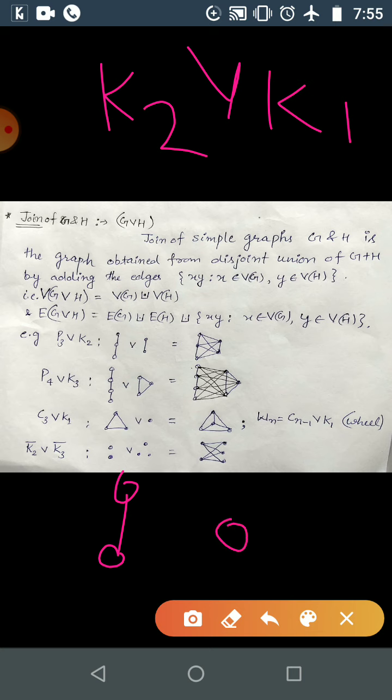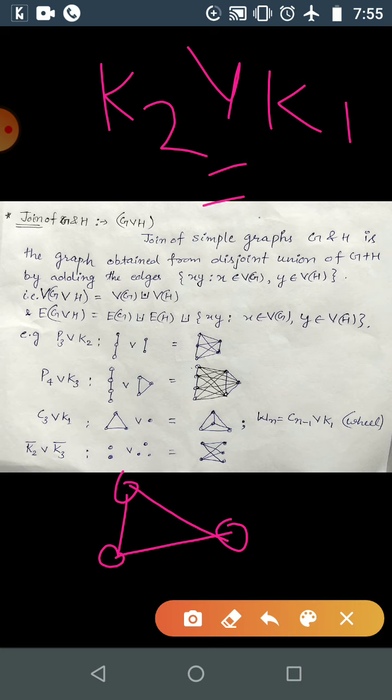The join will contain both these graphs, and the edges from every vertex of G to every vertex of H, and vice versa. So this will be adjacent with this one, and this will be adjacent with this one. So the join of K2 and K1 comes out as this, and that is isomorphic to C3, correct? If someone asks whether the join of K2 and K1 is isomorphic to C3 or not, the answer is yes.